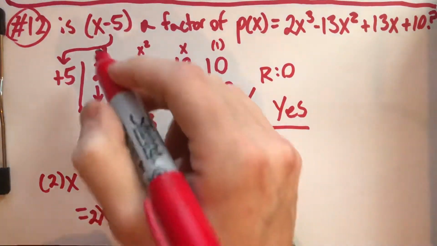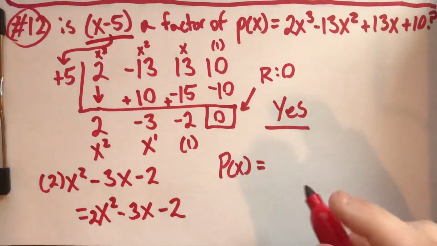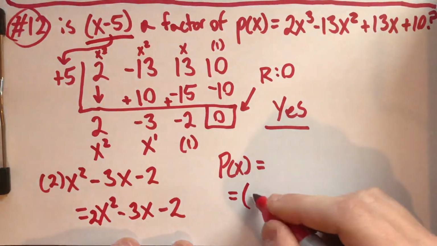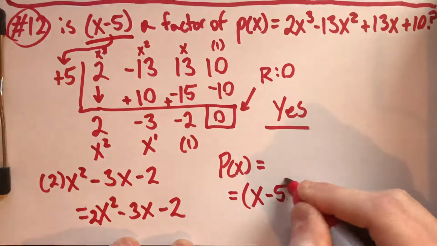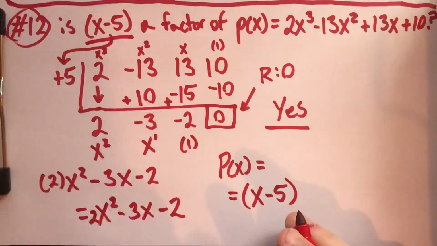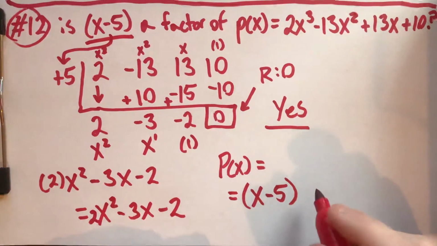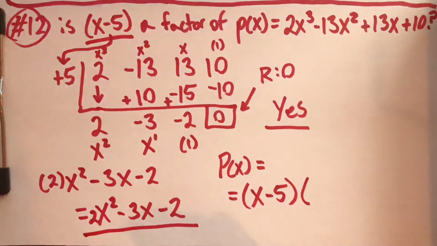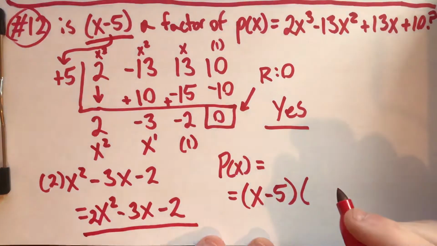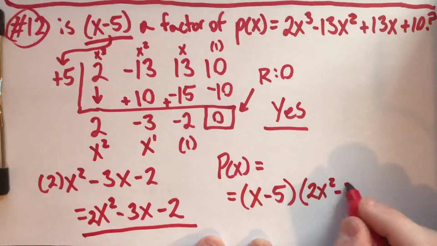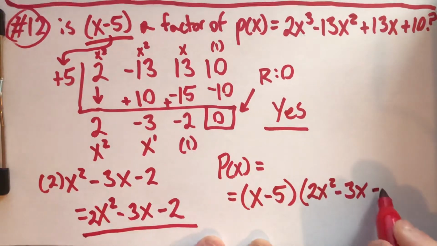You just take the division term first, so we'll have, and actually I'll write it down here, p of x equals x minus 5. Okay, that'll be my first part of the product, the factor that we were dividing by in the first place. The second part of my product is just going to be the answer we got, the quotient that we got out from the division. So this is going to be 2x squared minus 3x minus 2.